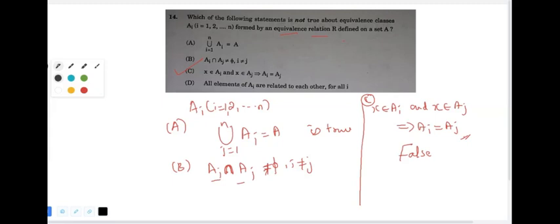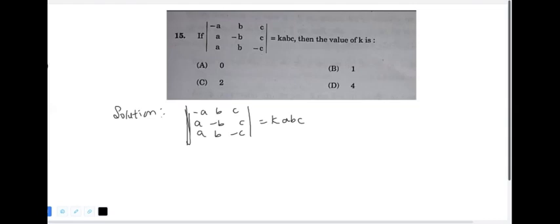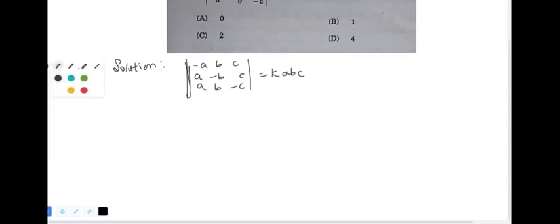Moving on to question number 15, it says to solve the given determinant and find the value of k. The determinant given is minus a, b, c; a, minus b, c; a, b, minus c, equal to k times abc. We need to find the value of k, so we need to expand this determinant. Here the signs are plus, minus, plus.